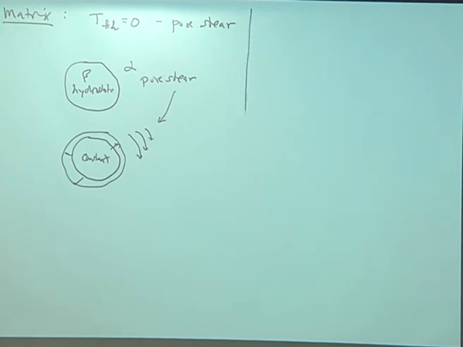So I want to put this into context. What we've done is linear isotropic elasticity, where we've allowed mu alpha to be different than mu beta, and K beta to be not equal to K alpha.